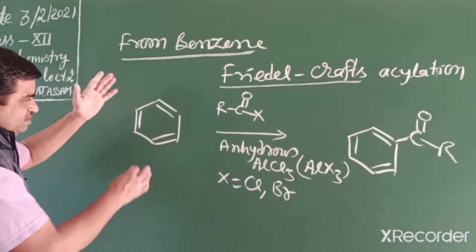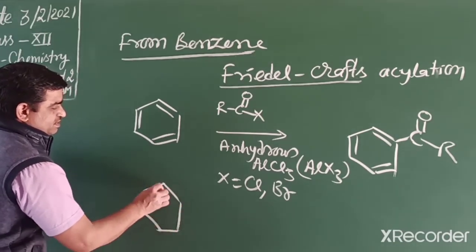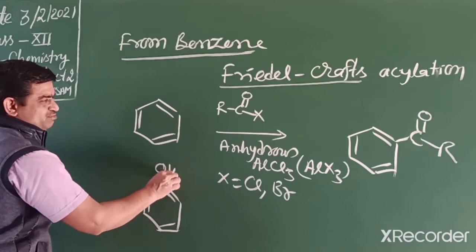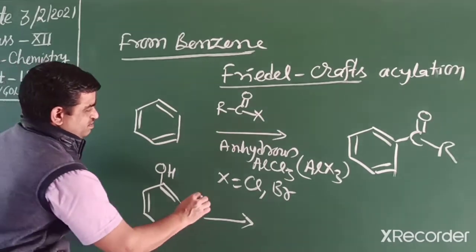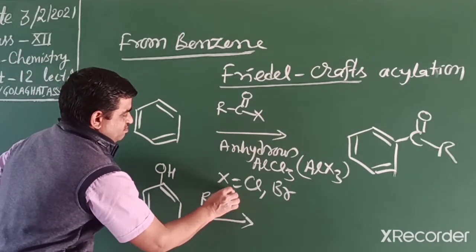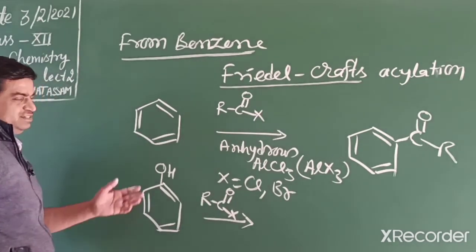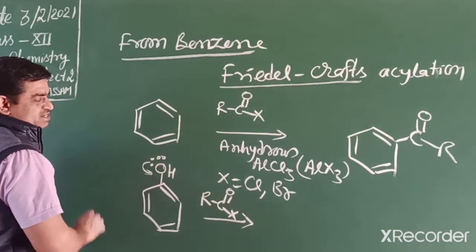If the same reaction occurs in phenol, then what happens? Phenol is an activating group, so the reaction occurs faster, and there is no need for the Lewis acid, because phenol is a strong activating group.